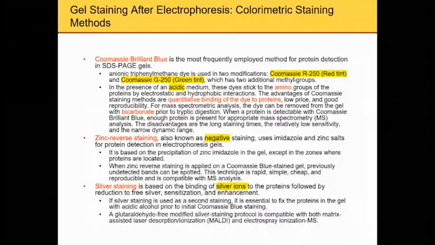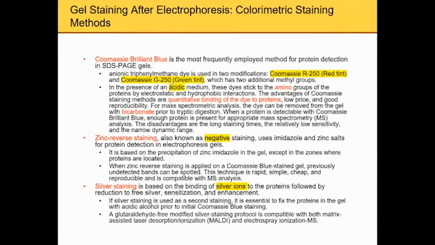So we have Coomassie R250, that's a red color, and then we have Coomassie G250, that's a green color. Basically this dye will bind to the amino group of the protein in the presence of acidic media. So we normally add acetic acid when we stain the gel.